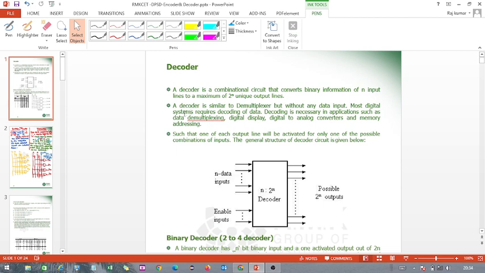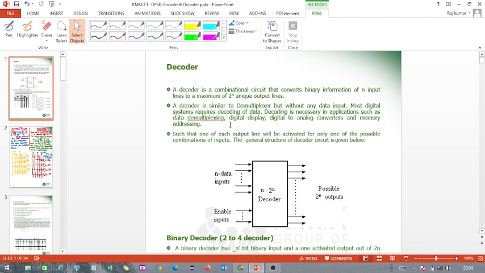Next, a decoder is similar to a demultiplexer but without any data input. This line, any examiner will always look for while evaluating your paper. And examples of where it could be applied: as I told you, to address somebody, to identify the location to which we have to deliver, there it comes and plays a vital role.